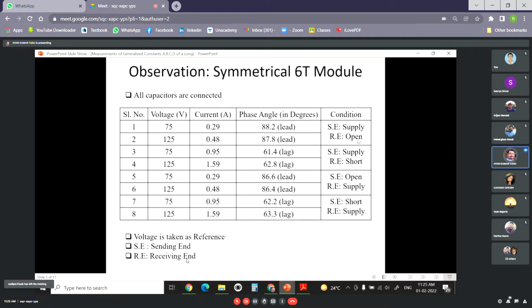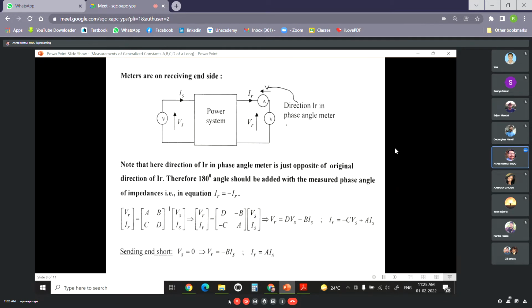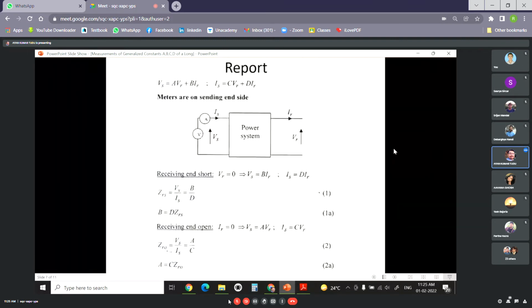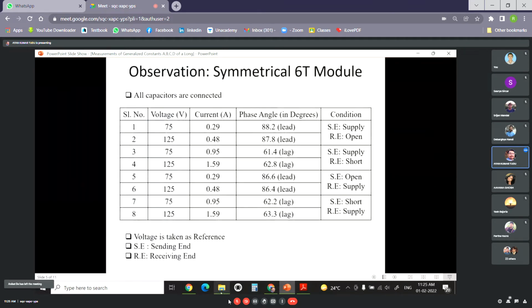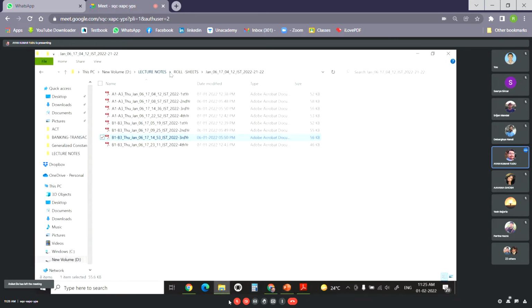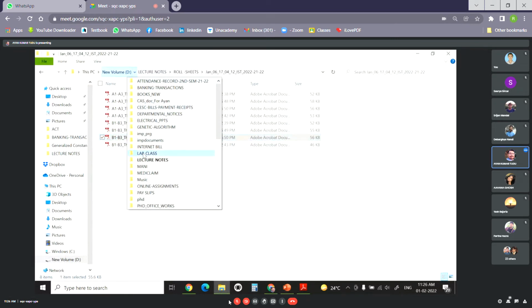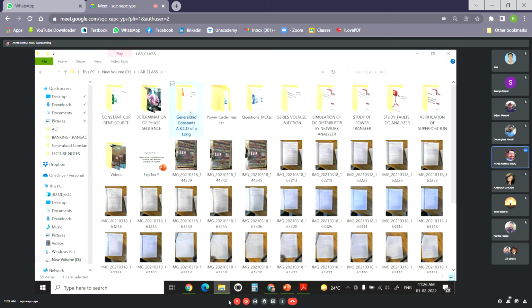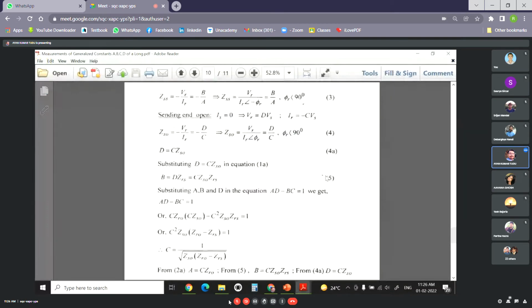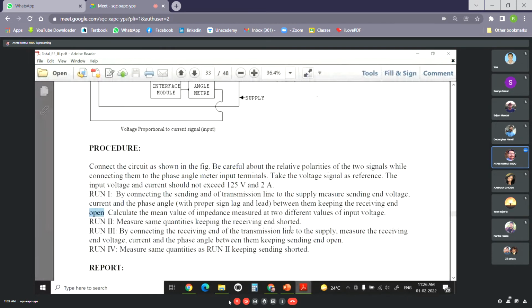So how do we reduce the Ferranti effect? We obviously want the Ferranti effect to be less, and that's why we go for shunt inductance. Whenever the voltage value is much higher, I have a figure on that also.